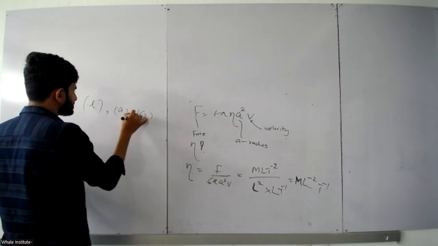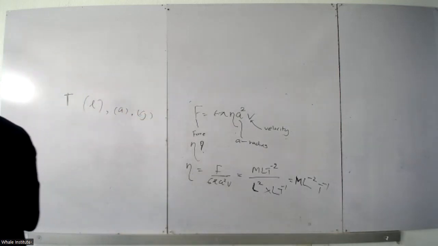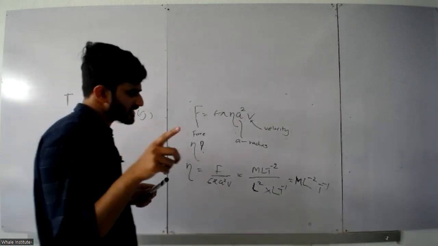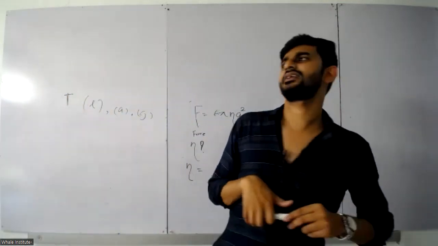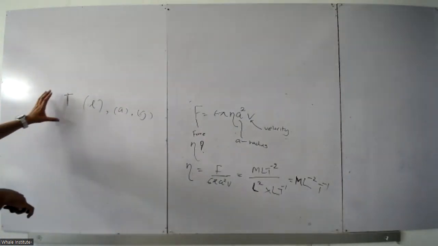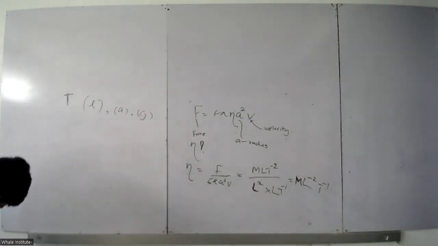Find the relationship among these. Build an equation for capital T, the periodic time.